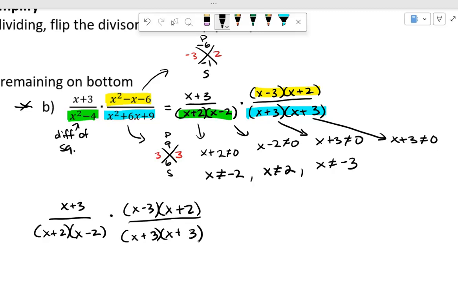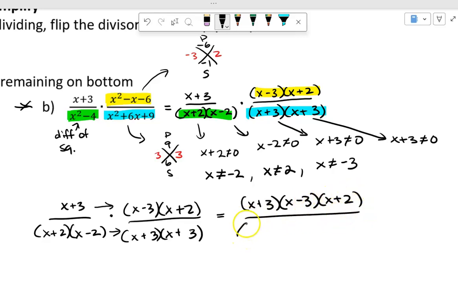I know that when I multiply across the top, across the bottom, there's no reason anymore to have separate fractions because they're all going to be listed next to each other in factored form. So what it really looks like is (x plus 3)(x minus 3)(x plus 2) on top. On bottom, (x plus 2)(x minus 2)(x plus 3)(x plus 3) again.